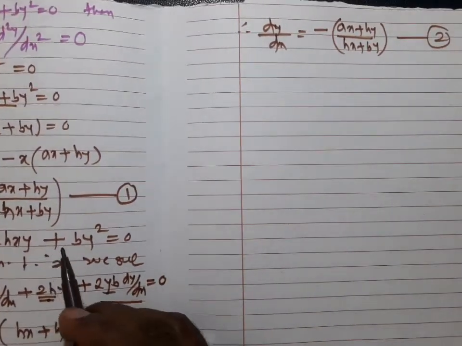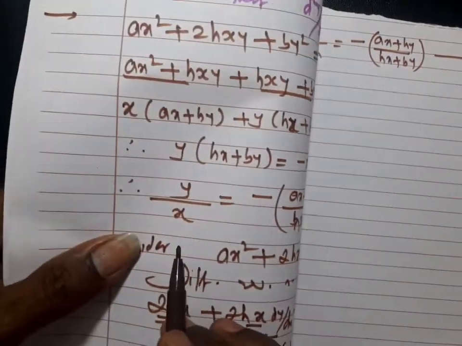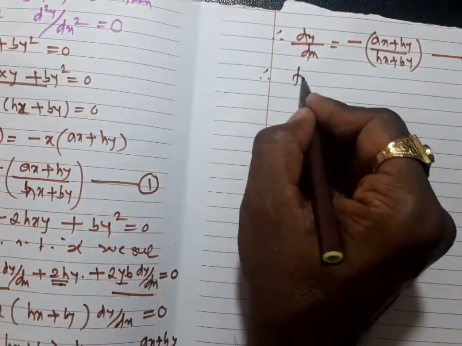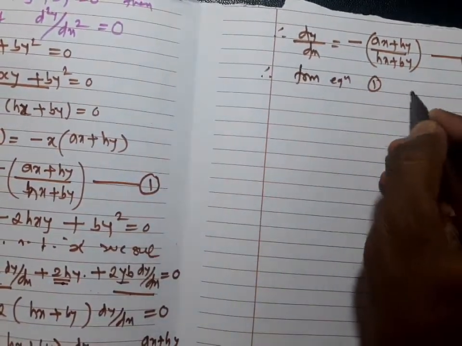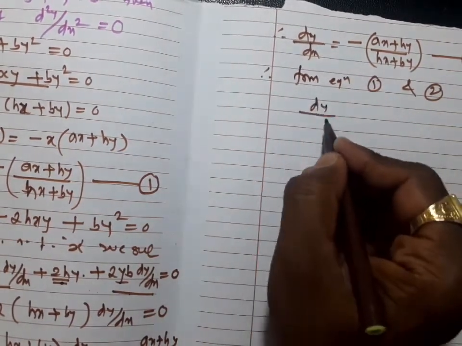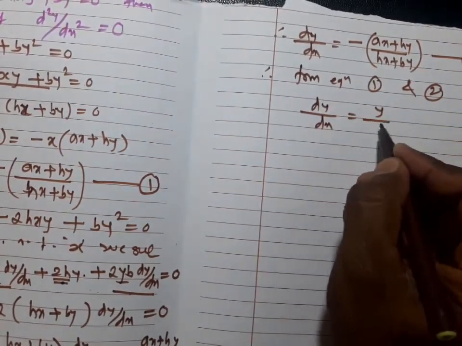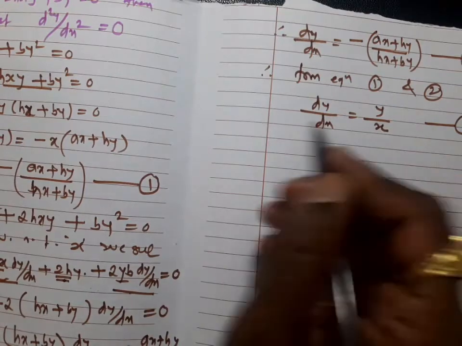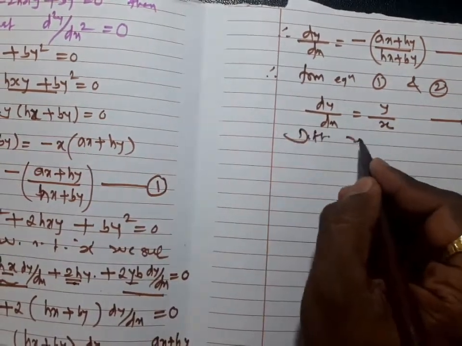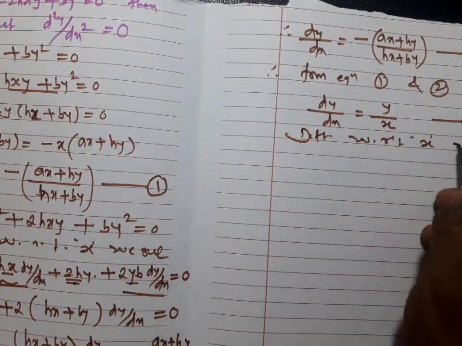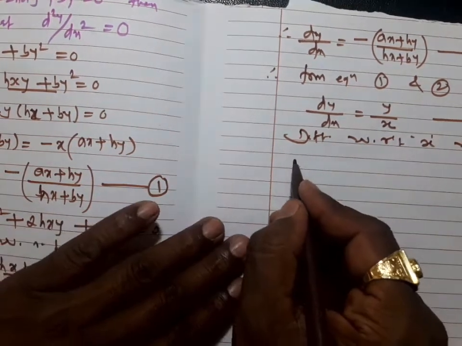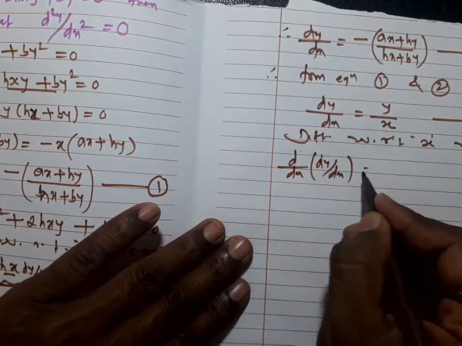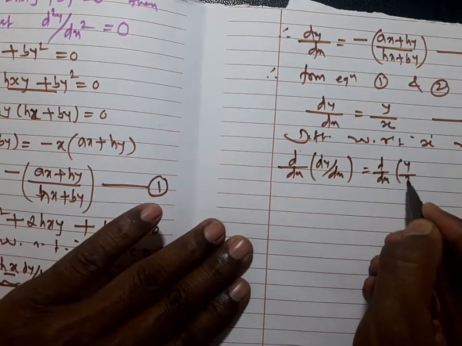Now see equation number 1. y upon x is equal to minus (ax plus hy) upon (hx plus by), and therefore from equation 1 and 2, dy by dx is y upon x. This is equation number 3. Now again differentiate with respect to x, we get d by dx of dy by dx, that is d by dx of y upon x.